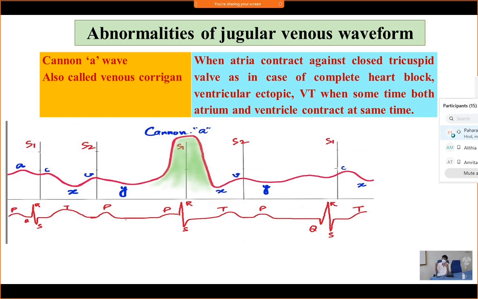In these conditions we typically get the cannon A wave. So when the atria contract against a closed tricuspid valve, as in complete heart block, ventricular ectopics or VT, when both atria and ventricle contract at the same time, we will get the cannon A wave.